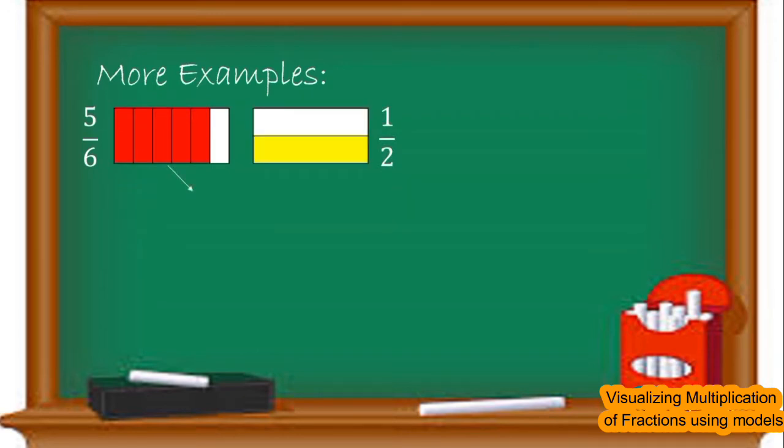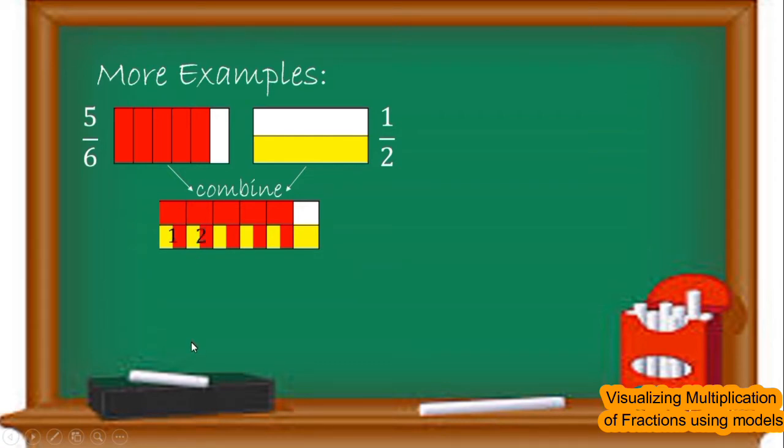Let's combine our models. What fraction of the whole does this area represent? Let's count. 1, 2, 3, 4, 5, 6, 7, 8, 9, 10, 11, 12. 5/6 times 1/2 is 5/12.